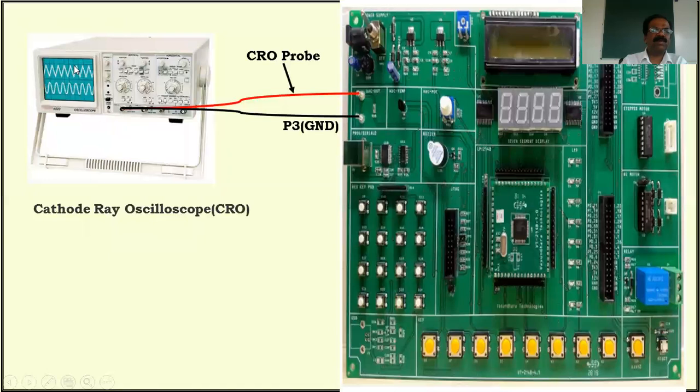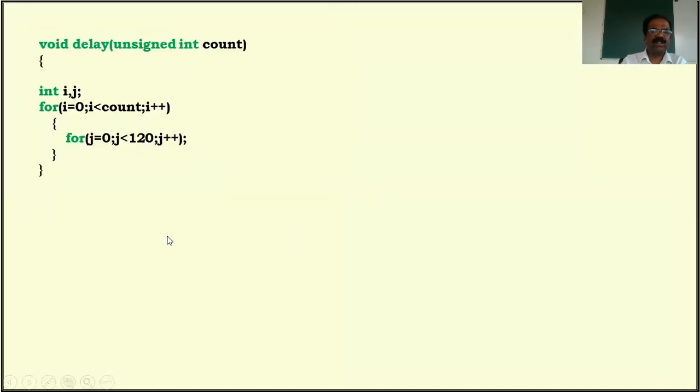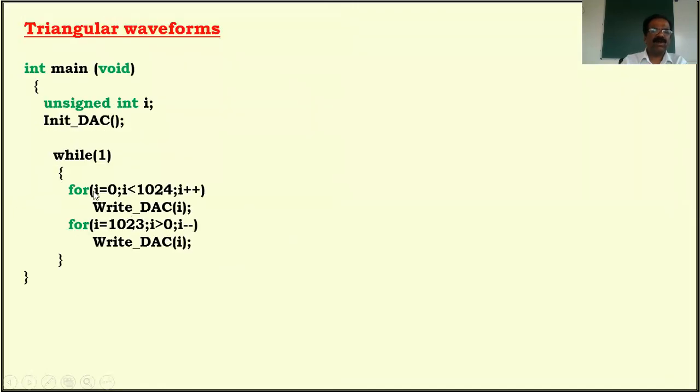Therefore, here 0 to 3.3 volt and 3.3 volt to 0 volt. So that is the purpose of using this particular for loop. This is for rising, this is for falling, this is for 0 to 3.3 volt, this is for 3.3 to 0 volt, and we have to repeat the same thing infinitely. Therefore, we can get a continuous triangular waveform.